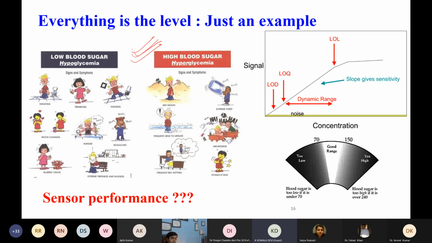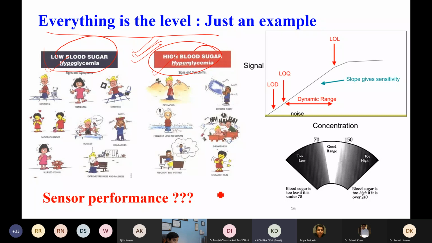Basically, what happens in a sensor is everything is a level. As I said earlier, the sensor gives us information with reference to the amount of the target present in a given sample. The sensor does only this job, nothing else. For example, low glucose is hypoglycemia, high glucose is hyperglycemia.